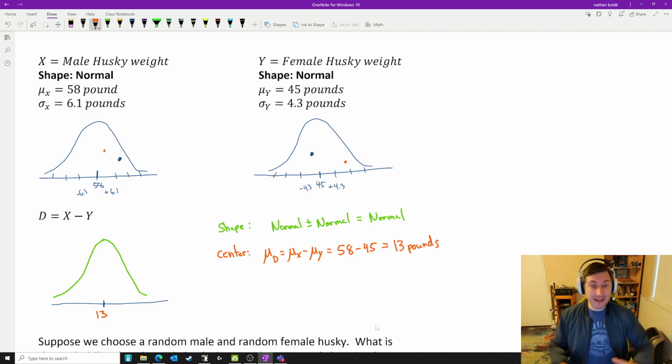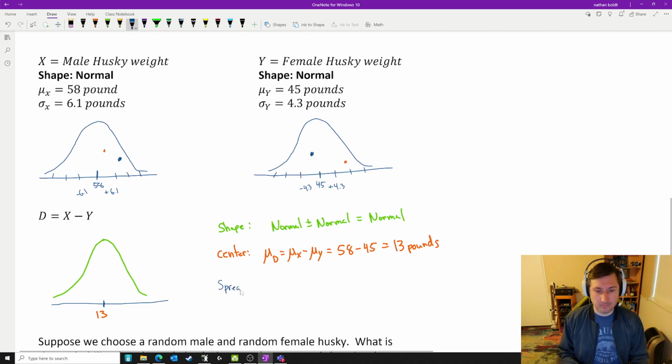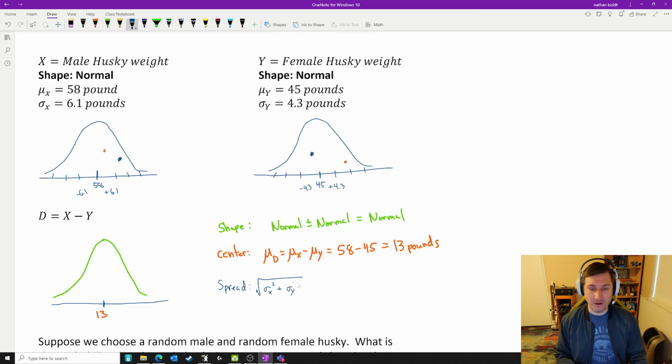Now, how spread out is this going to be? All right, so here's where we got to use our formula. It's going to be the square root of the standard deviation of x squared plus the standard deviation of y squared. But again, we do add them.